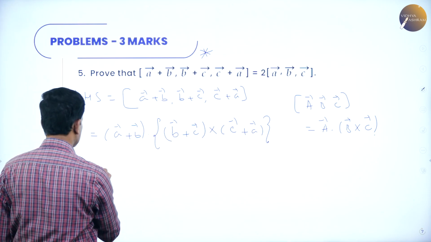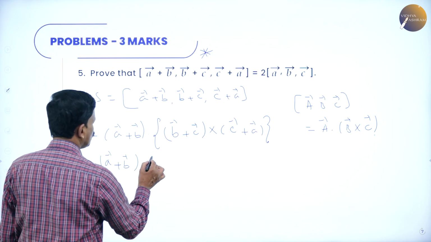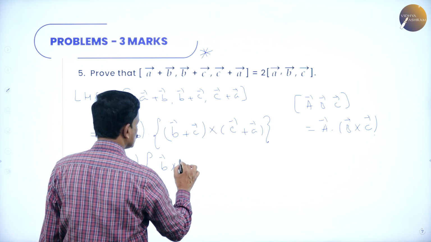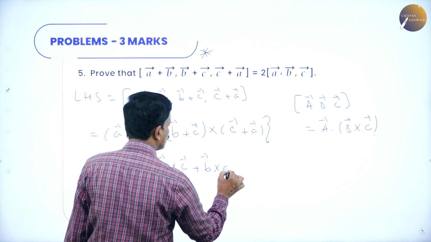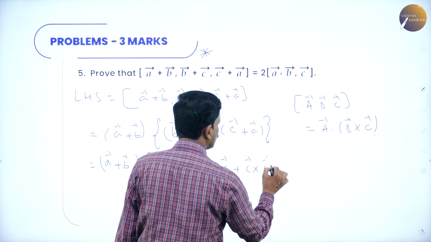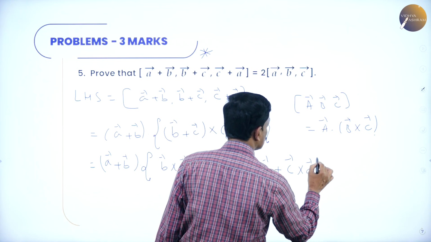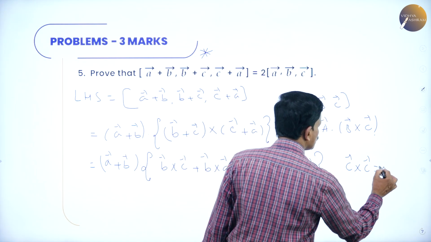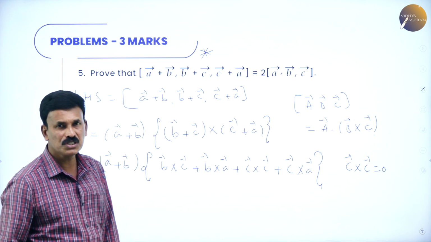Now let us simplify this. This is as it is, don't change this. A plus B dot, let us simplify this, multiplied: B cross C plus B cross A plus C cross C plus C cross A. Now since C cross C is always equal to 0, if 2 rows or 2 columns are same, then the value of the determinant is equal to 0.